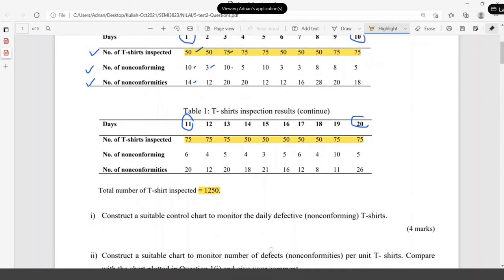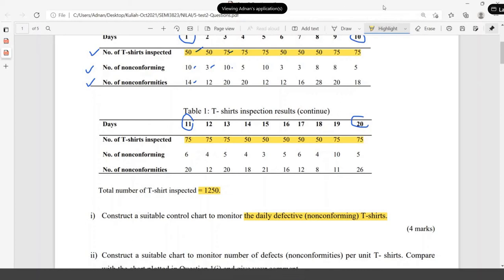So the question says construct a suitable control chart to monitor the daily defective non-conforming t-shirt. So which control chart should be used? What type of chart? Anyone, please? Or you can respond in the chat.